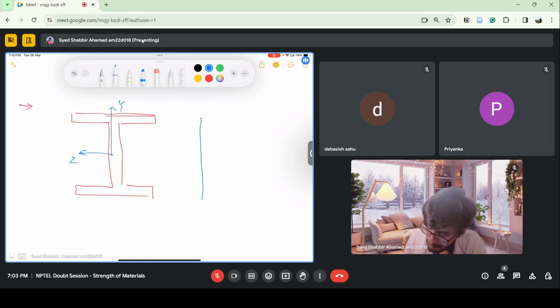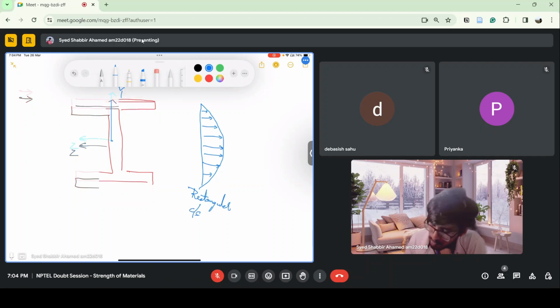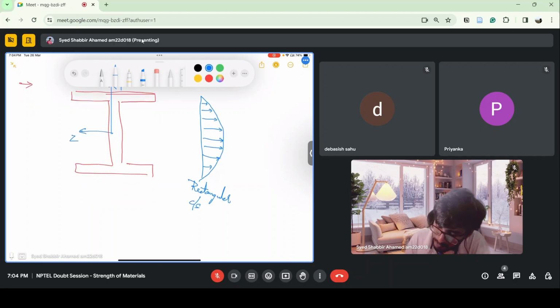For a rectangular beam, we have seen that this is what the shear stress distribution looks like: a parabolic distribution. This is for a rectangular cross section. But for an I beam, what happens?